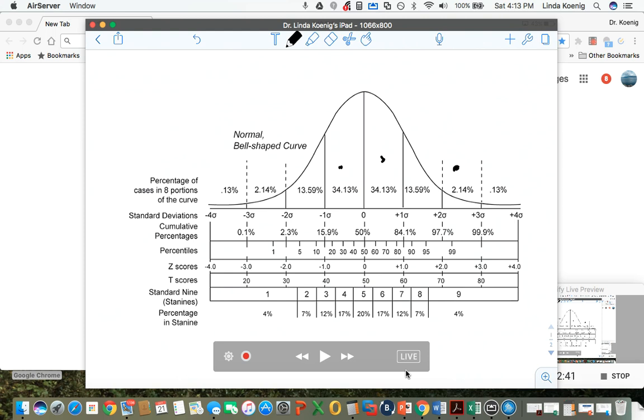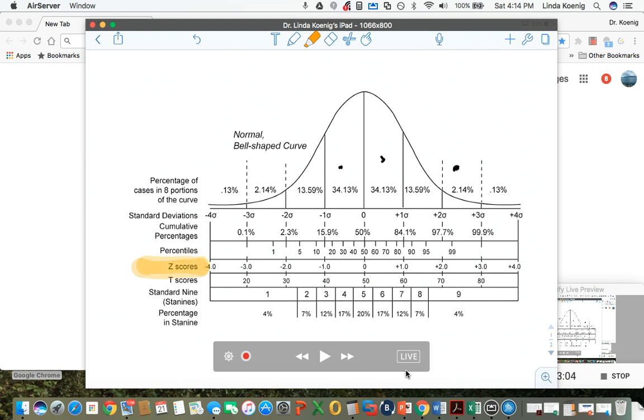But in order for it to make more sense to us, to know sort of how we compare, we have to be able to figure out where we are in comparison to other people, other test takers. So one way we can do this is we can use standard scores. And I want you to look down here at z-scores.